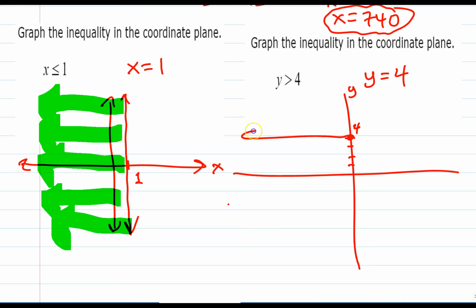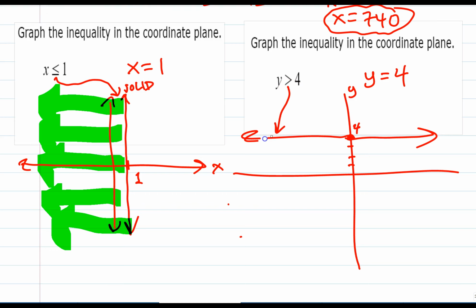Horizontal, but keep in mind this one wouldn't be right this time, right? Because the last one was equal to, which gives us a solid line. This one is not equal to, which gives us a dashed line. That's how we note whether it's equal to or not equal to.